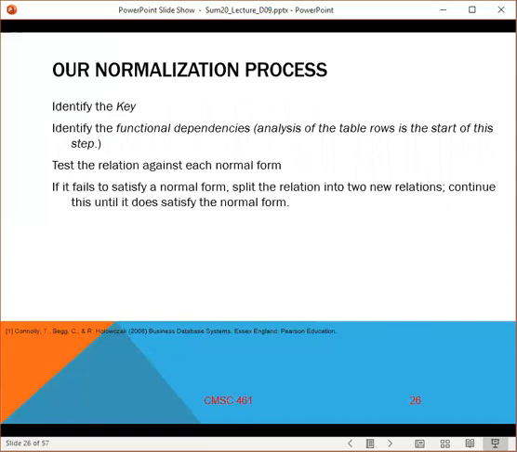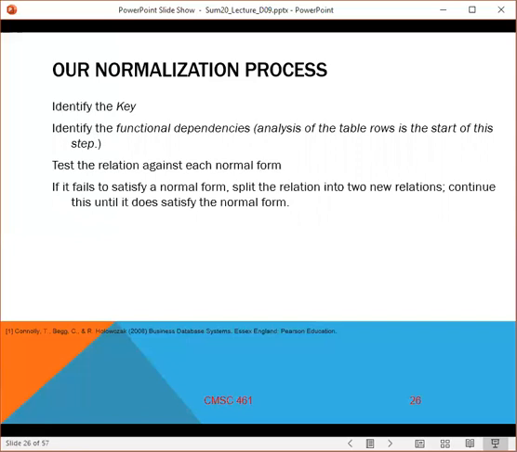And again, are there multi-valued attributes? Is it a composite key and some of the attributes are determined by part of that key? Or is it a transitive dependency where we have a non-key attribute determining another non-key attribute?